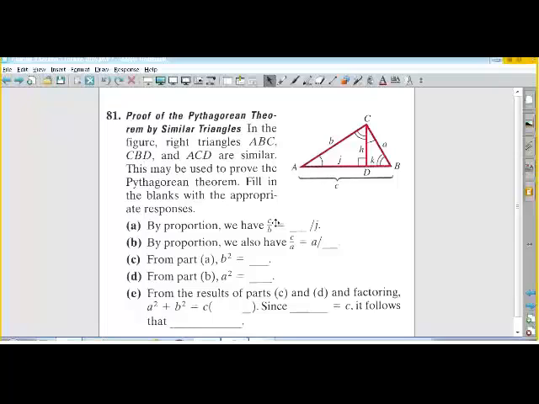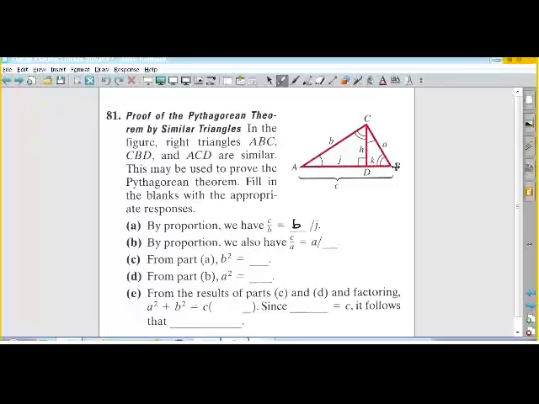This is the longer leg of this triangle. Therefore, C, which was the hypotenuse for the big triangle, we have to use the hypotenuse for this intermediate triangle, which is going to be B. So we're saying this length to this length is the same as this length is to that length.